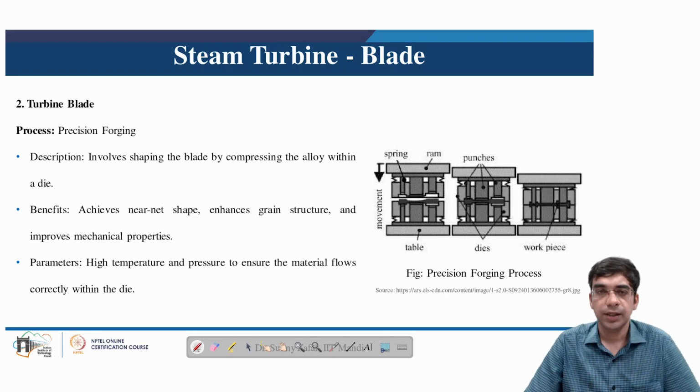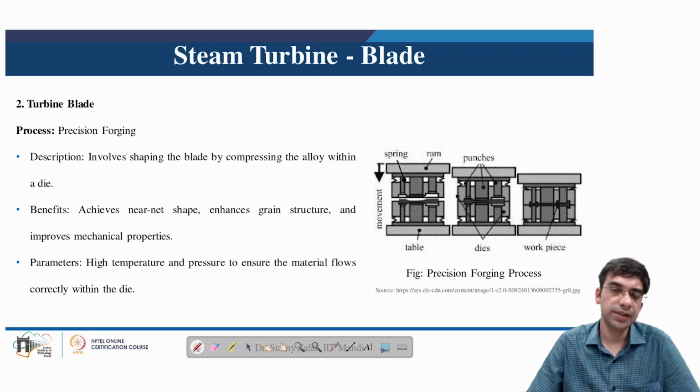The next process in the deformation based processes for the turbine is precision forging. Precision forging involves shaping the blade by applying compressive forces and also allowing the blade material, that is the nickel chromium alloy, to flow within the die, because as the compressive force is applied, stresses are generated.